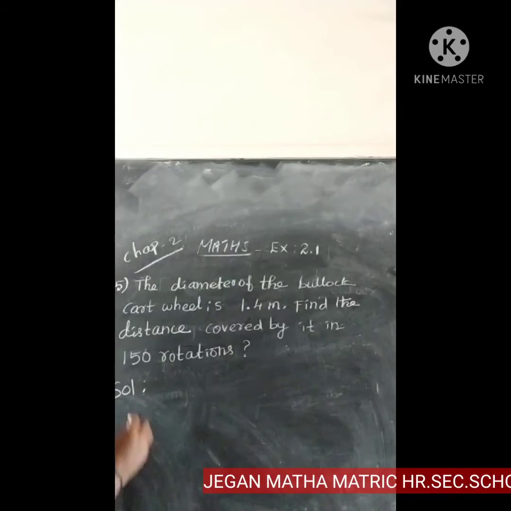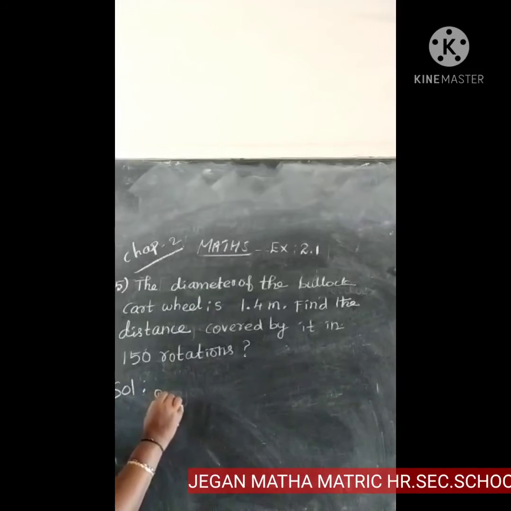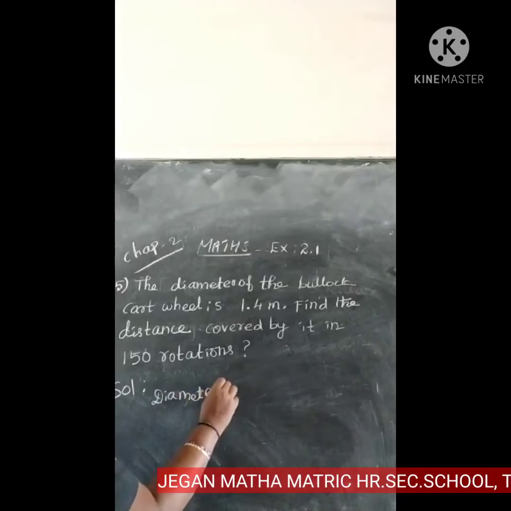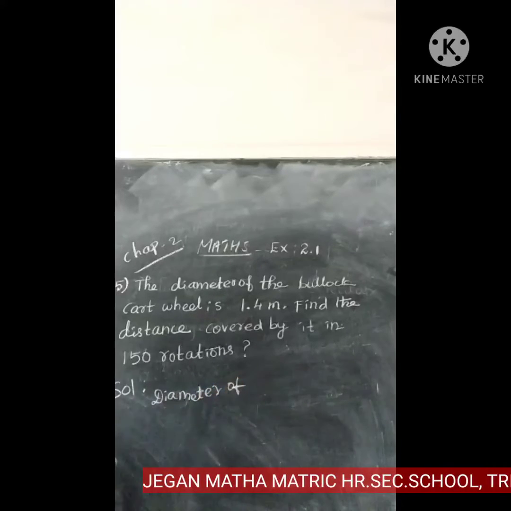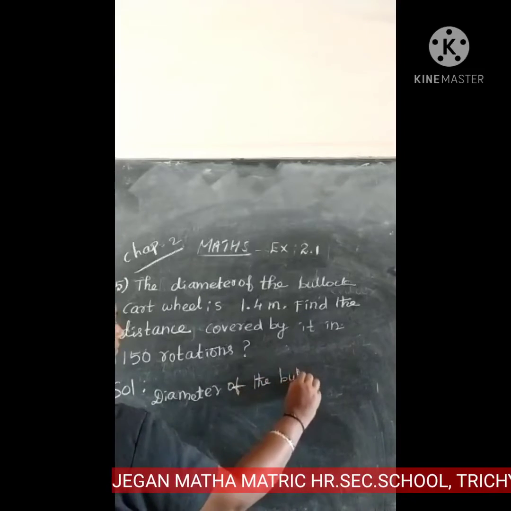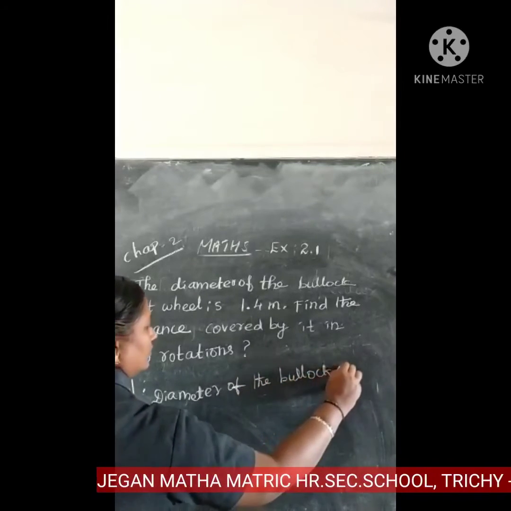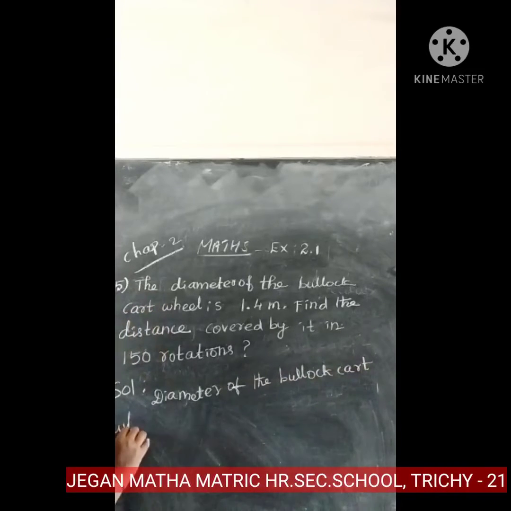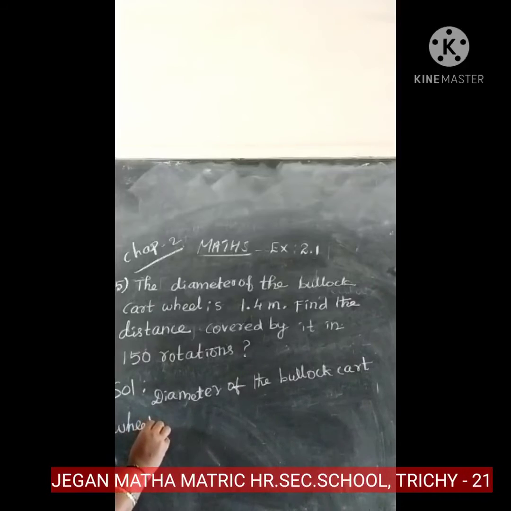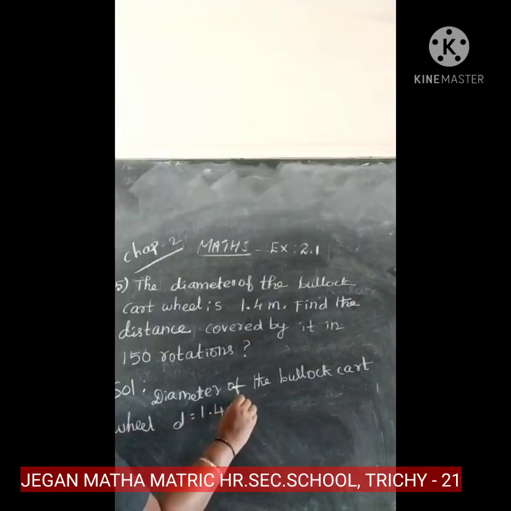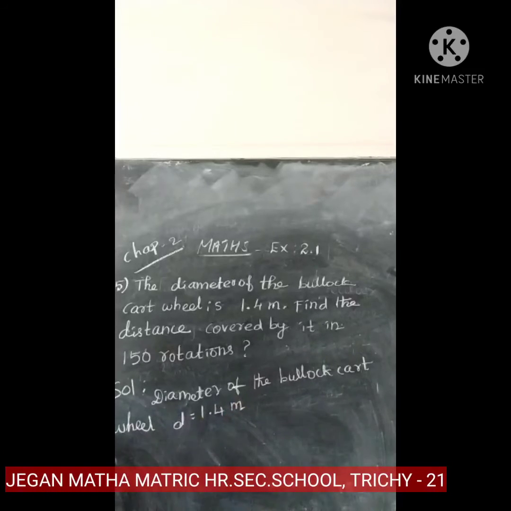First we write it. Diameter of the bullock cart wheel D is equal to 1.4 meter.